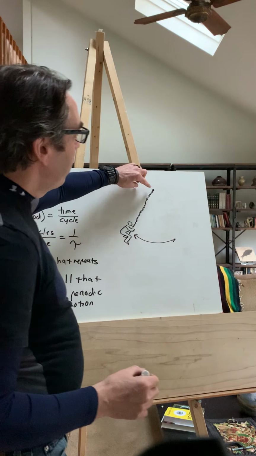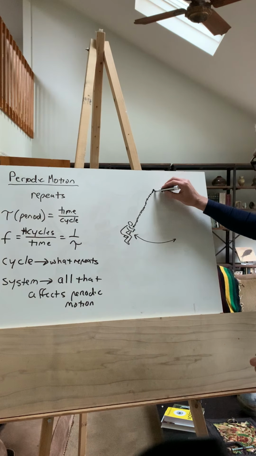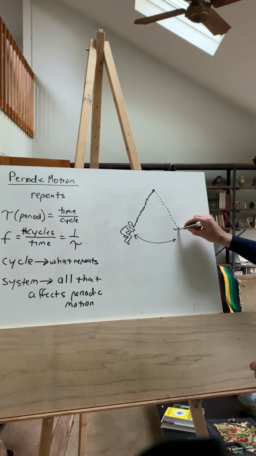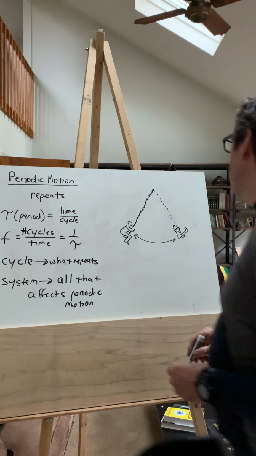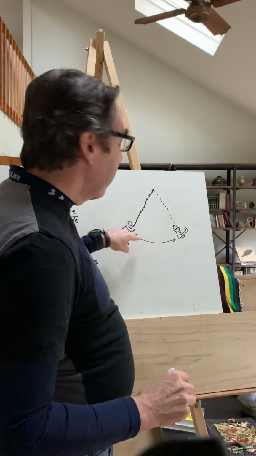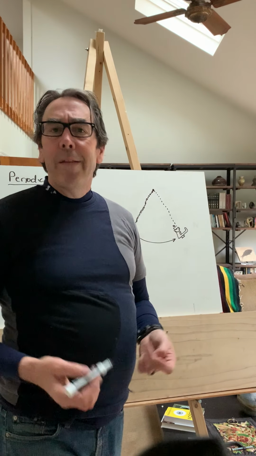They're constrained to move in that way because of the pendulum. And end up over here. And so they swing through this up to here, then back to here. That's one cycle. That's how a pendulum works. They all work that way.